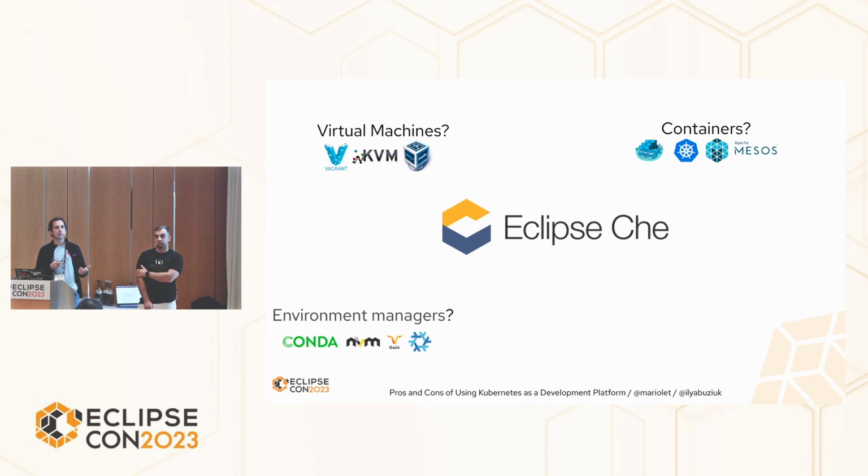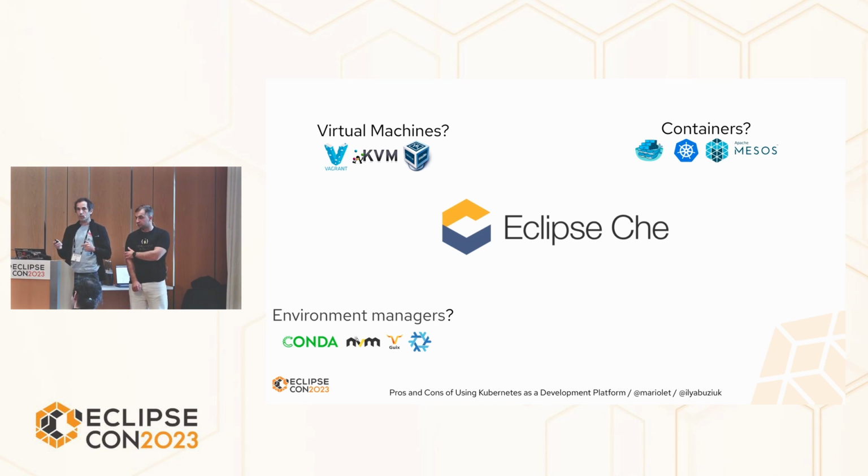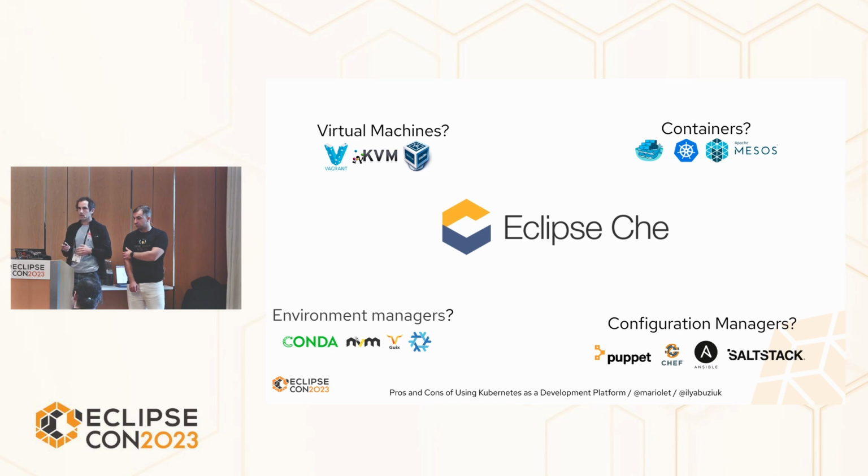So there are things like virtualenv for Python, or Nix, or a lot of tools that allow you to have an isolated environment in your file system without the need of containers or virtual machines. Or we can also go to more complicated solutions, like the configuration managers, like Puppet, Chef, Ansible, SaltStack, etc.